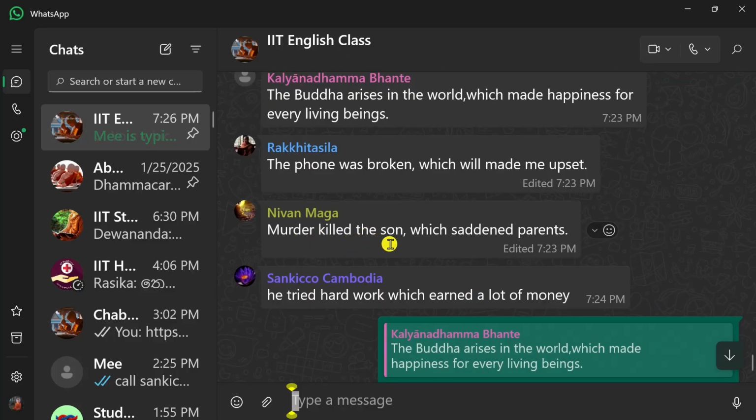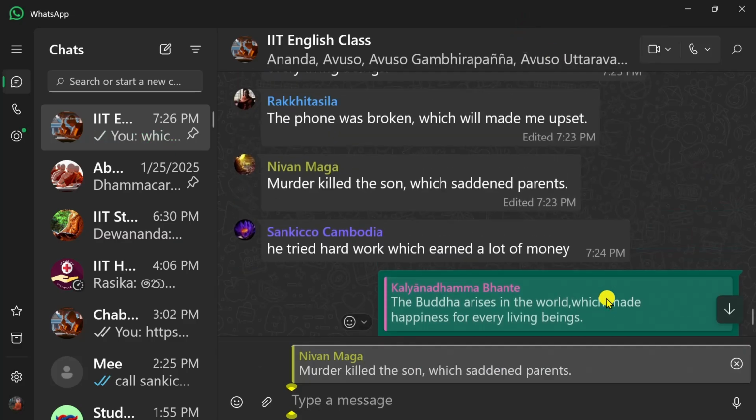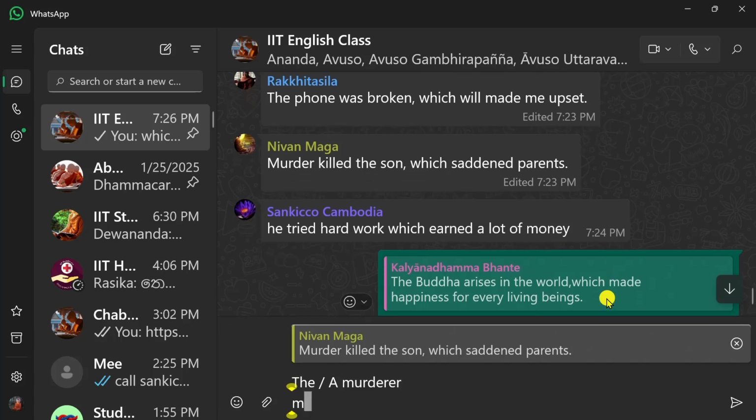Murder killed the son, which saddened parents. Okay, articles only. The murderer or a murderer, and then the person who murders is a murderer. Murderer, okay? Murder is the crime.